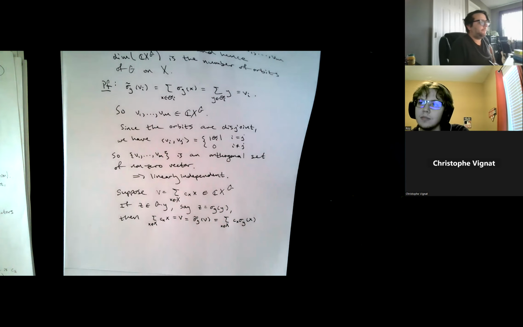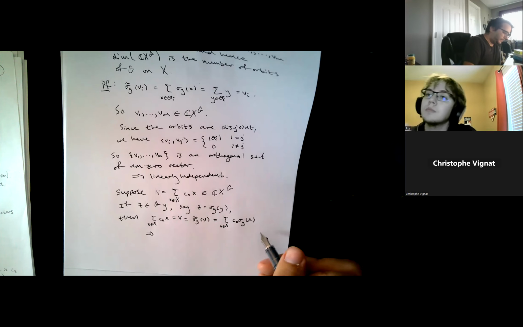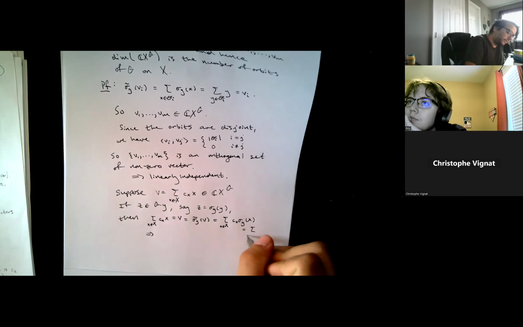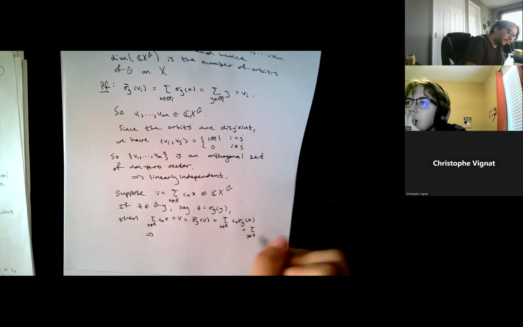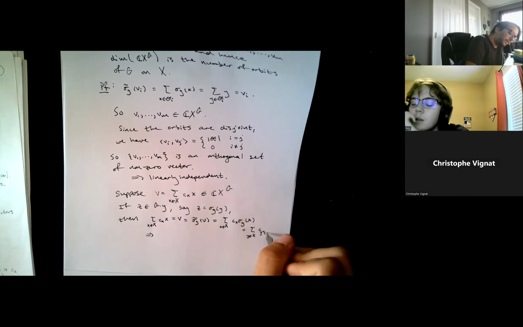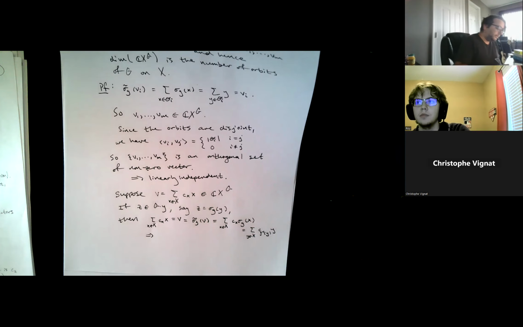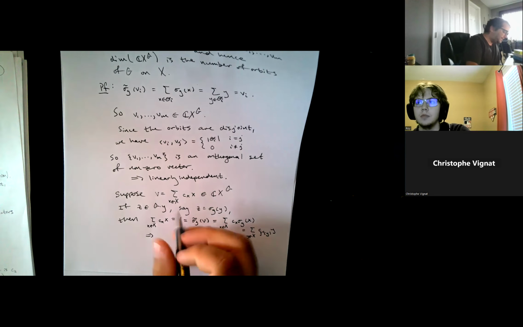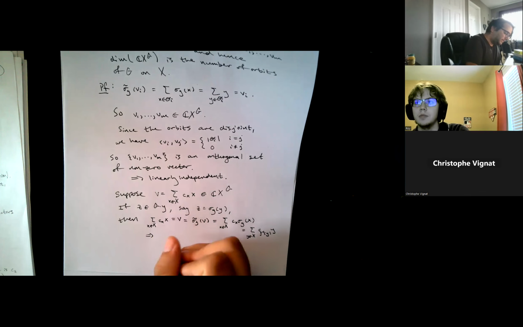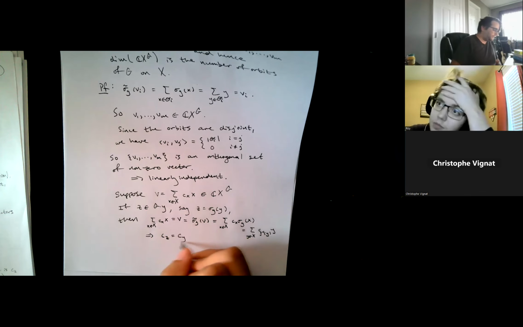Definition of sigma G tilde. And remember we can rewrite this as the sum over y in X of C of sigma G inverse of y, y. So by comparing the basis elements on each side, we see that Cz is equal to Cy.